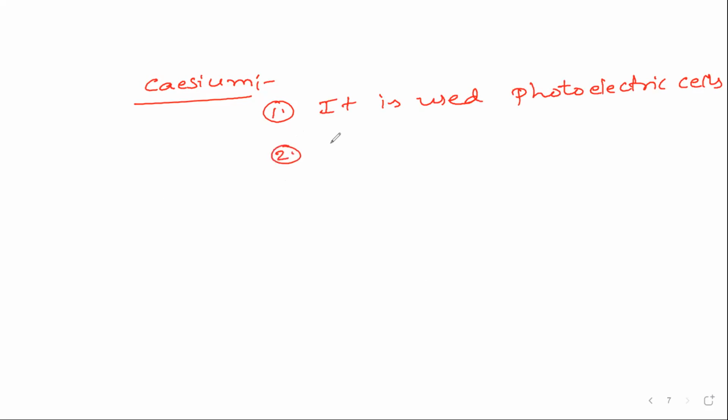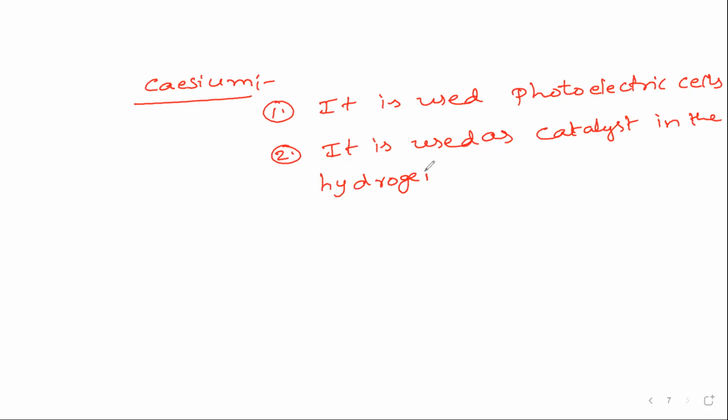It is used as a catalyst in the hydrogenation of a few organic compounds. So organic compounds undergo hydrogenation in the presence of a cesium catalyst.